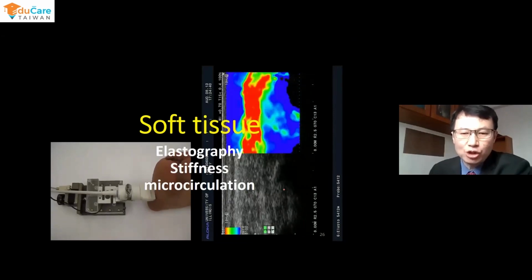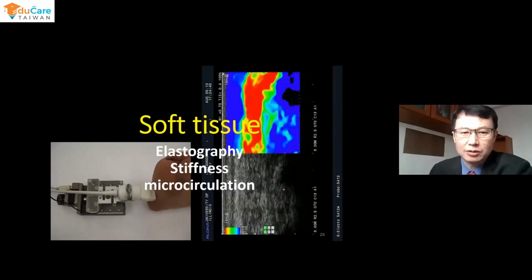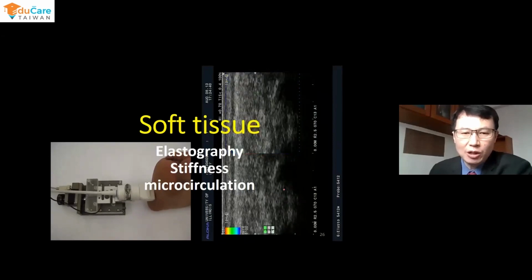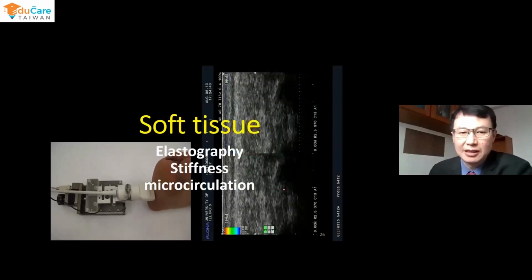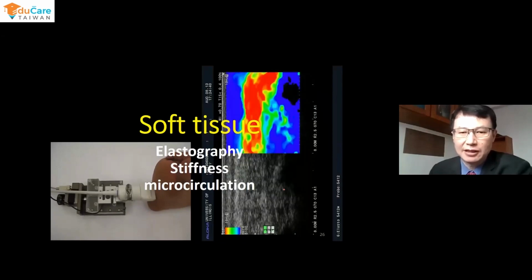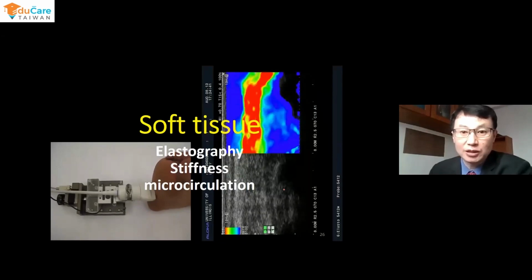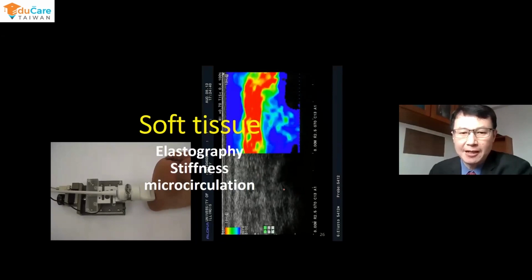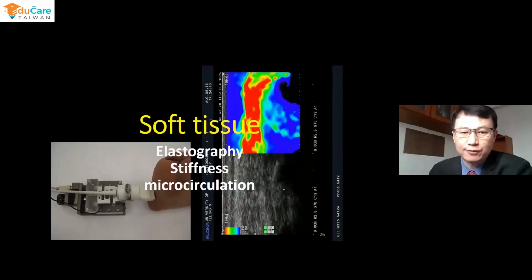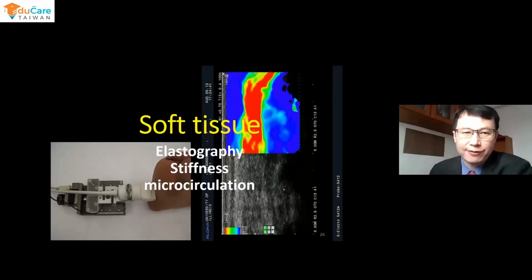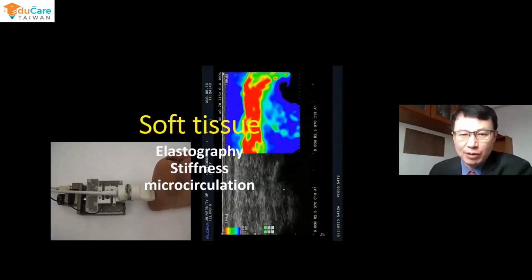And why do we need to do that? Because, as we know, when people have diabetes mellitus, the soft tissue of their plantar will sometimes decrease. Then there is a high risk of injury, and finally maybe they need amputation.